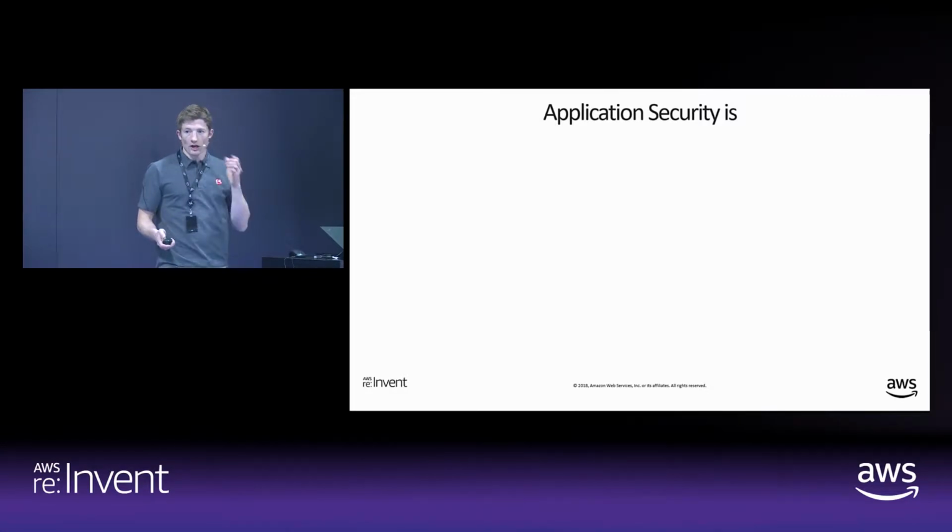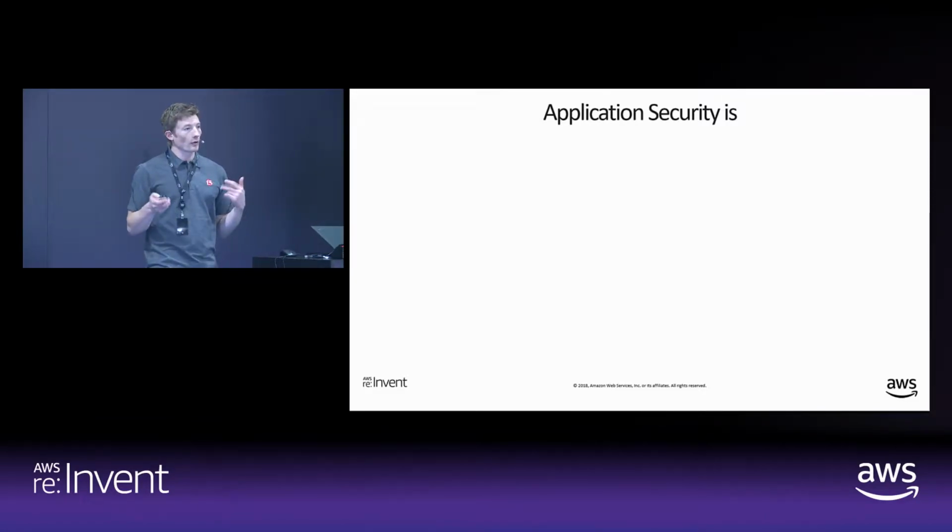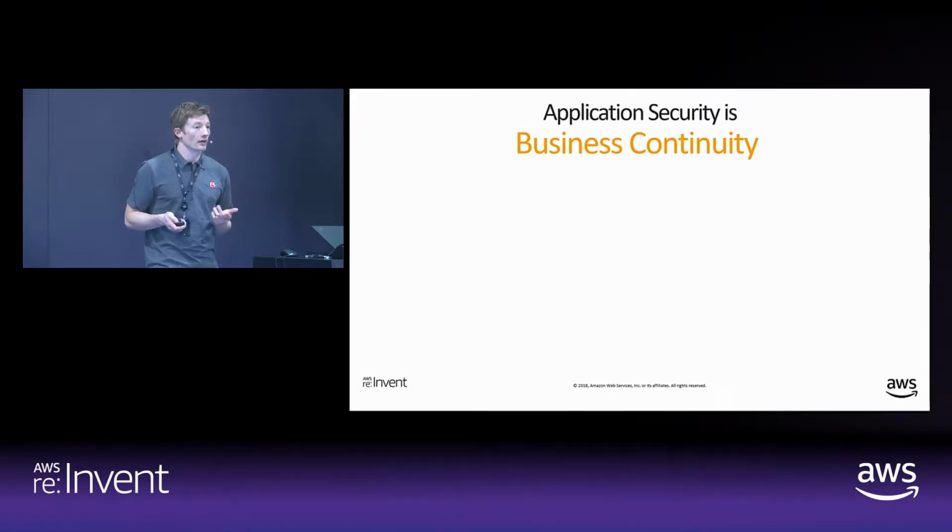So first, let's talk about what application security is, baseline here, right? A lot of folks think that it's just managing vulnerabilities or building firewalls or building out infrastructure, but why are we doing this, right? Security geeks tend to get in the weeds on this stuff and love the latest and greatest shiny things. But ultimately, if we're boiling it down, application security is business continuity, right?